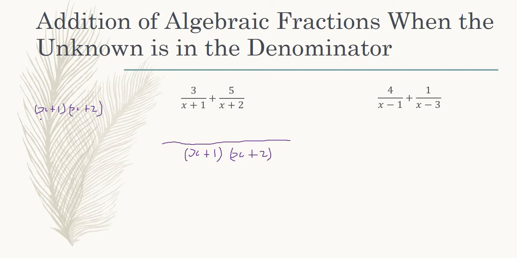And all of this common denominator is divided by this denominator here, which is x plus 1. Clearly, x plus 1 will cancel out x plus 1. So what we're left back with is x plus 2. We should take this x plus 2 to multiply our numerator of 3. So this is going to be 3 times x plus 2.